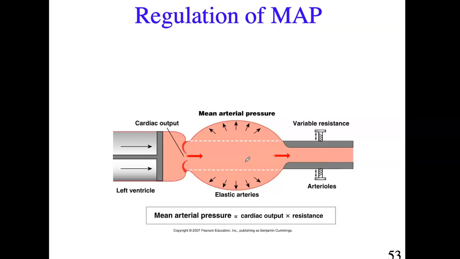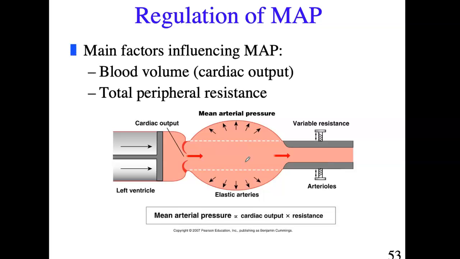Regulation of mean arterial pressure. Let's think of that. The main factors that are influencing this mean arterial pressure are, we said, blood volume, which is associated to cardiac output, how much is being ejected out of the heart. And after you eject, what is that peripheral resistance? So this is a nice diagram. Here's cardiac output. It's coming out of the left ventricle.